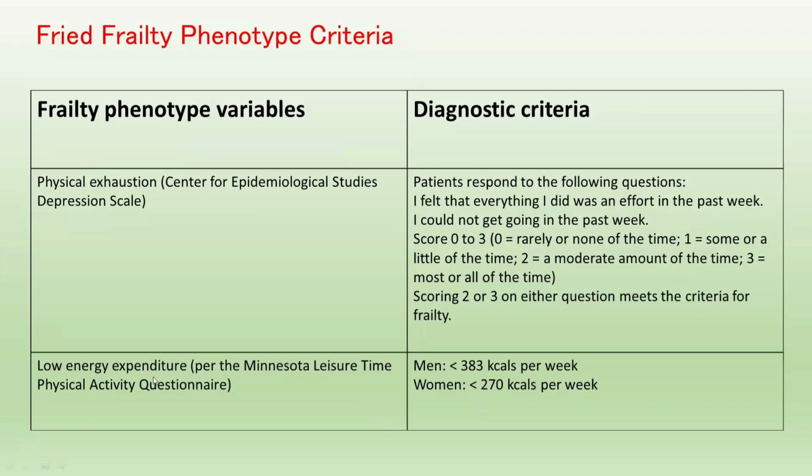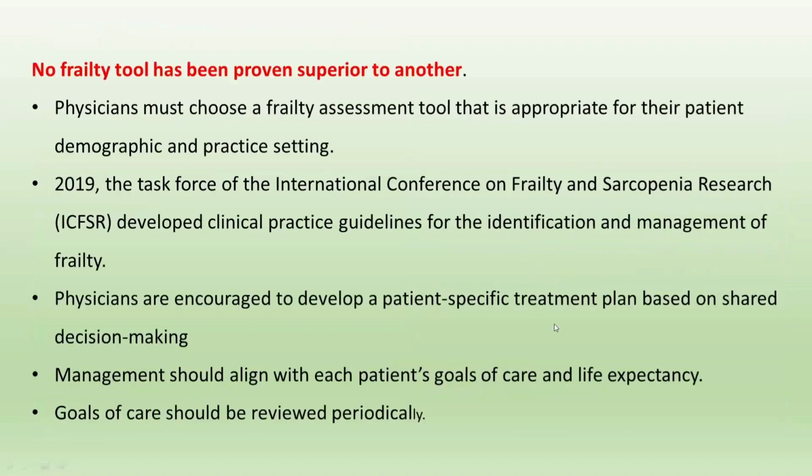And according to that, we can take how physically exhausted that patient is. And that is the 4th criteria. The 5th one is low energy expenditure. That is also measured with a physical activity questionnaire. So per week, how many calories they spend. For men and women, there are cutoff values. And those are the 5 criteria that we can use in primary care to screen.